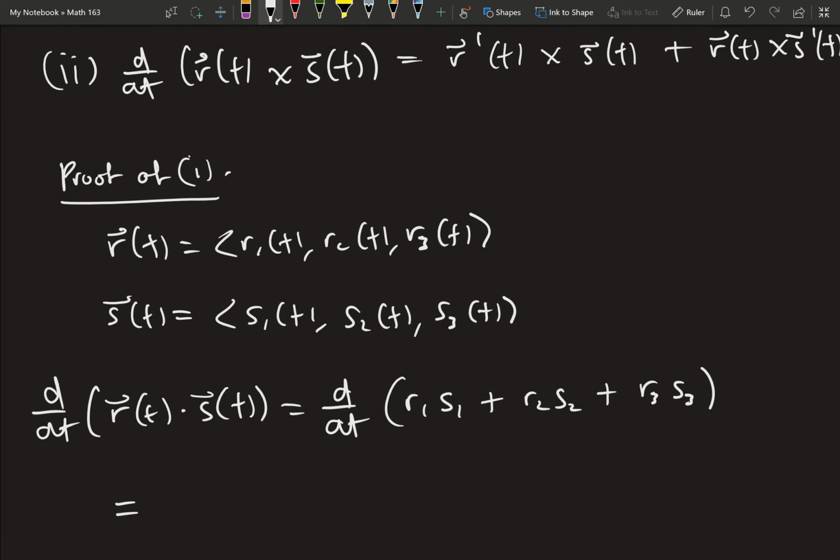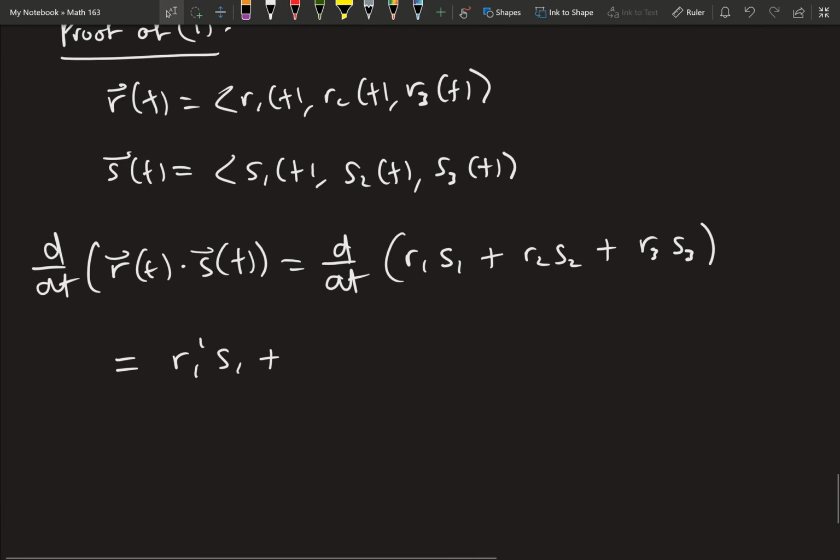And this is equal to r1 prime s1 plus, and I'm going to put the second part of the product rule, r1 s1 prime.